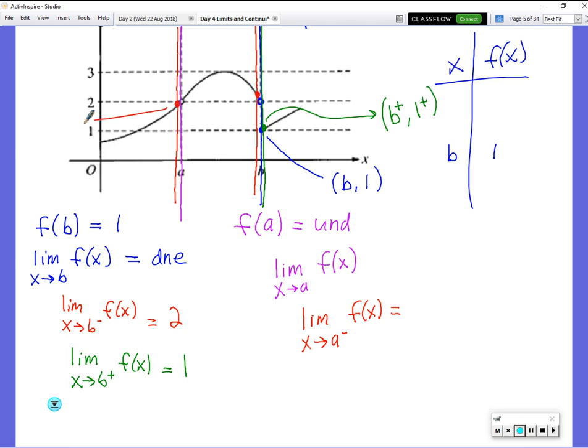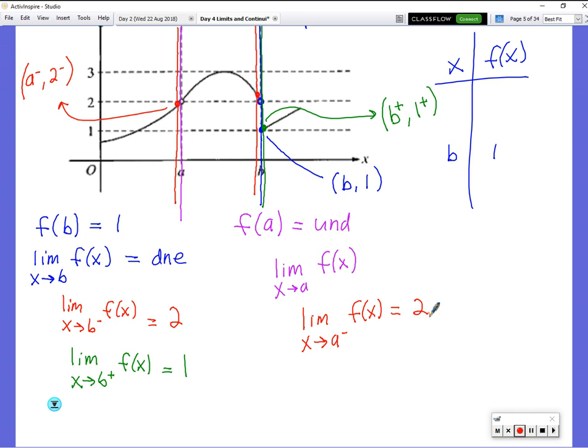That red dot has an xy coordinate of a little less than a, and slightly less than 2. So the limit means as x gets infinitely close to a from the left, the y value, the output, is getting infinitely close to simply 2. Questions?